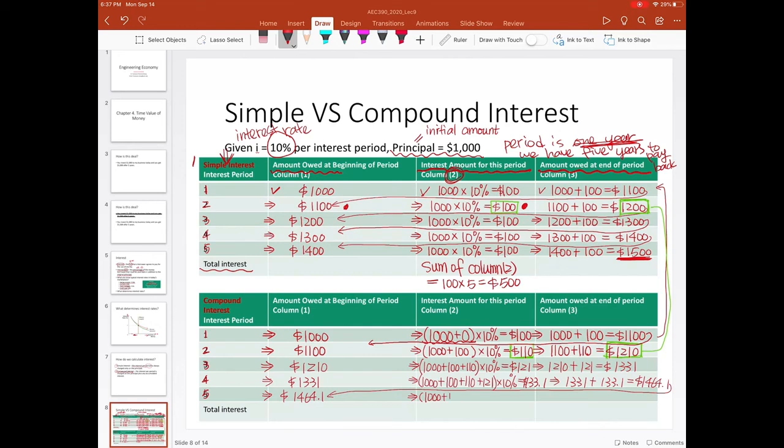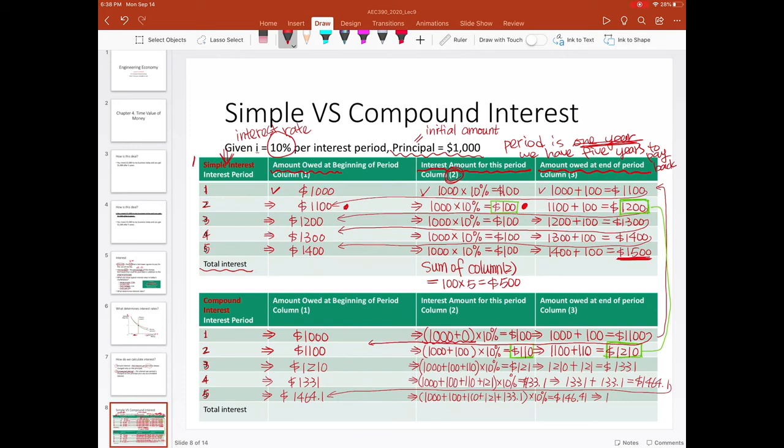So in the previous 4 years, you have 100 as the interest in the first year, you have 110 in the second year, you have 121 as the interest in the third year, you have 133.1 as the interest in the 4th year. That's your new base for the calculation times 10% interest rate. And the amount is 146.41.